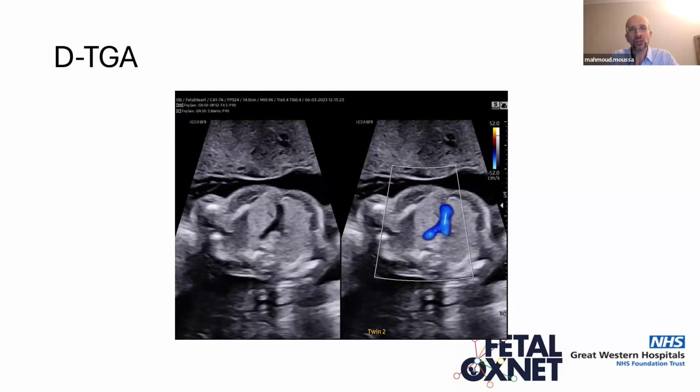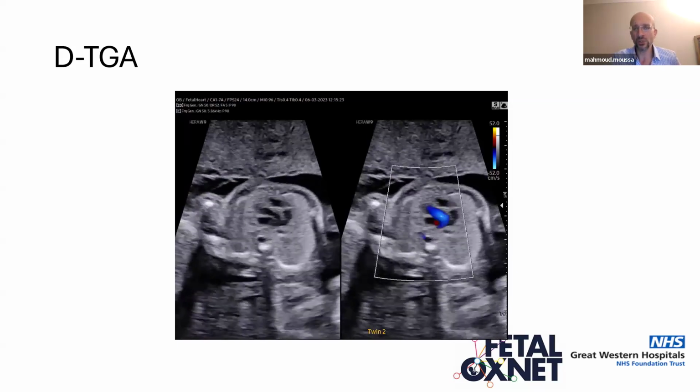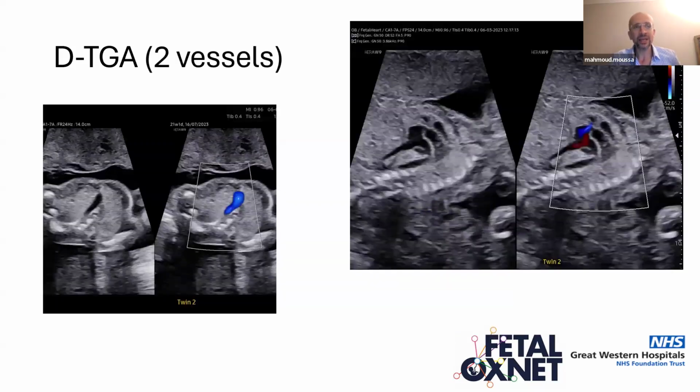So actually you see only one vessel in that view, but both vessels are there, because the other one is just behind it. And that is a clue in diagnosis, which is very easy actually to pick up, and much easier than getting other views, which is typically this one.